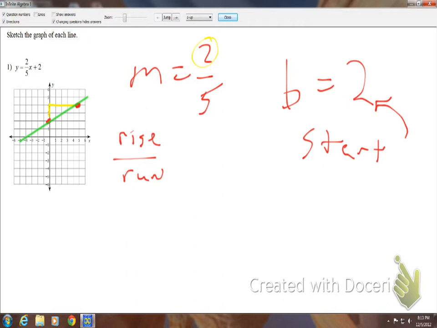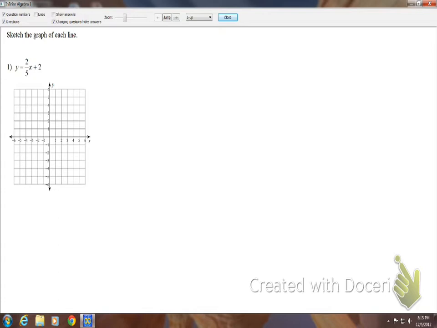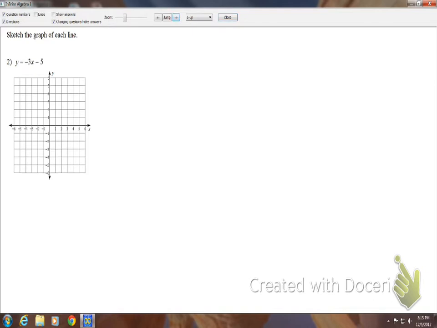Now the next problem on the worksheet is y equals negative 3/5 x minus 5. And in this case, the slope is negative 3/5, and the y-intercept is -5.